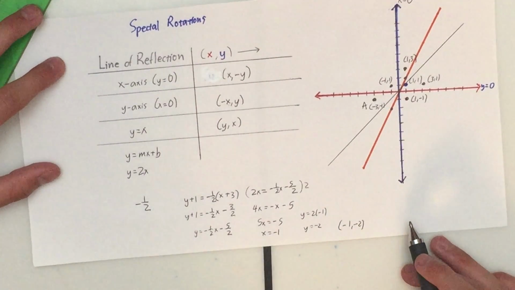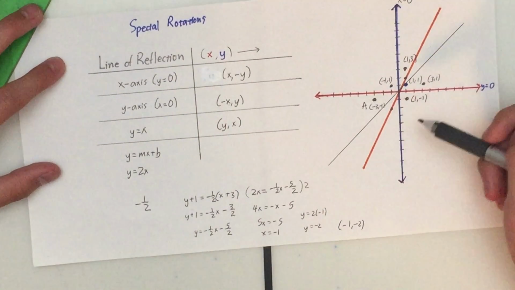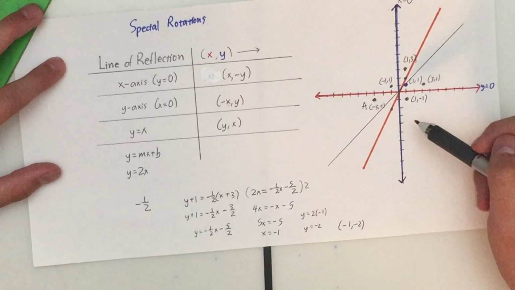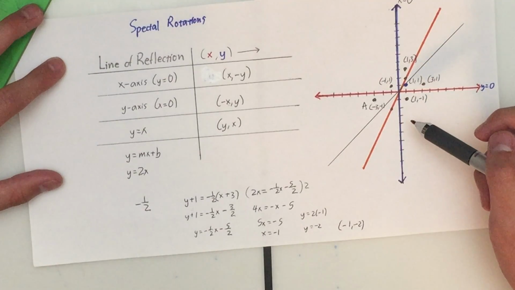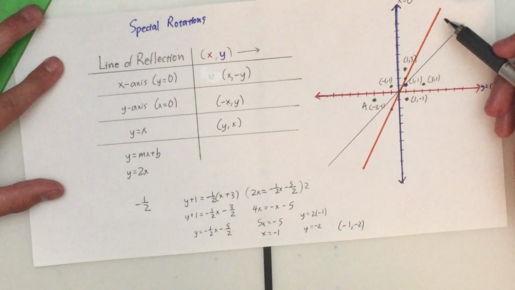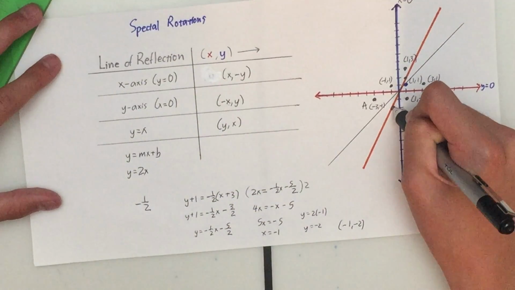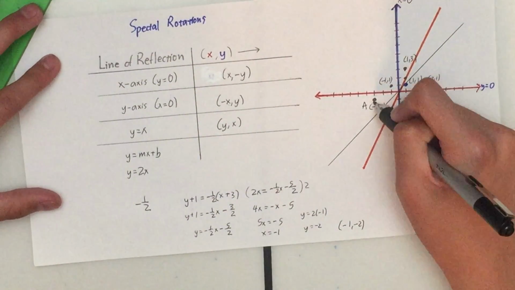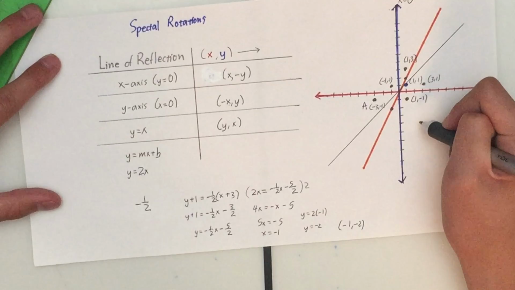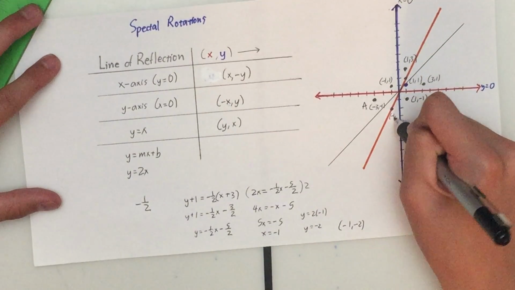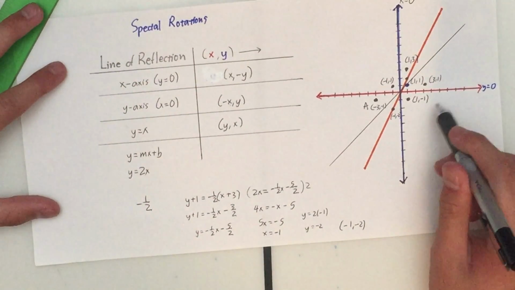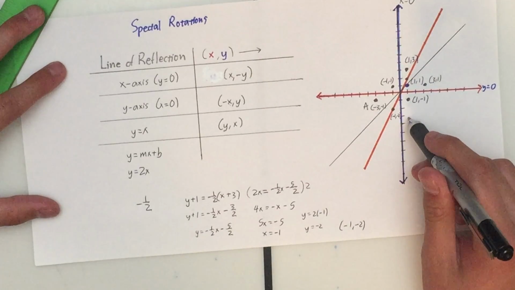So (-1, -2) is the point where the line containing the pre-image point and the image point is perpendicular and intersects the line of reflection. So this is the midpoint of the segment between the pre-image and the image points. In order to find the image point, you can just use the midpoint formula.